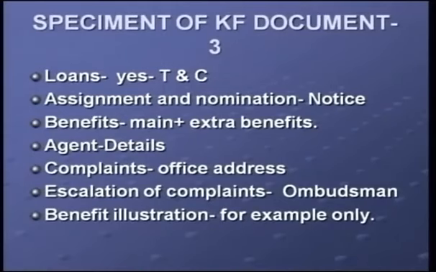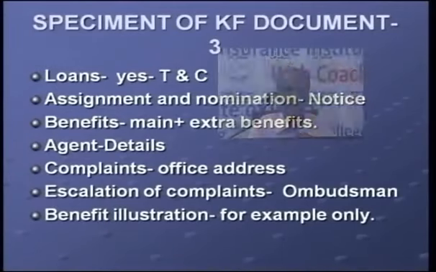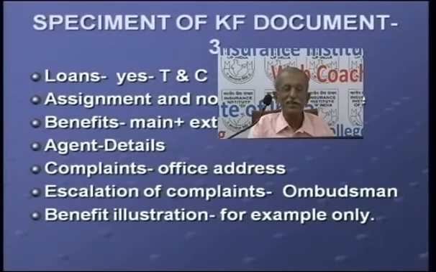Notice to the insurance company is required. What are the benefits? Main benefits are on the policy, plus add-on and extra benefits, riders. Agents: who is the agent and his details for servicing the policies. Complaints: who will handle the complaints on behalf of the insurance company, and escalation of complaints. Suppose complaints are not addressed by the insurance company, where can the client go?